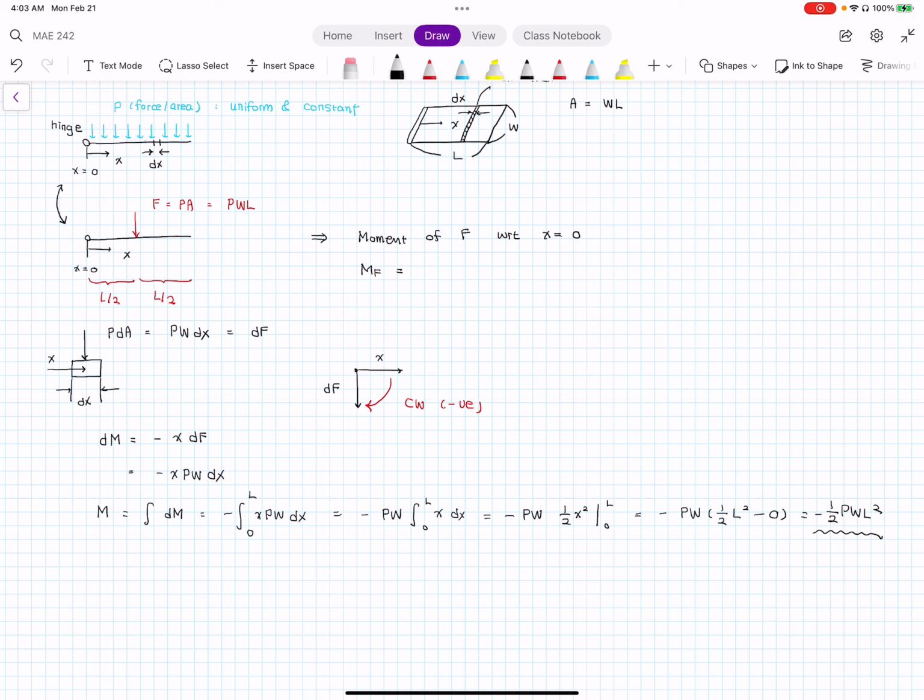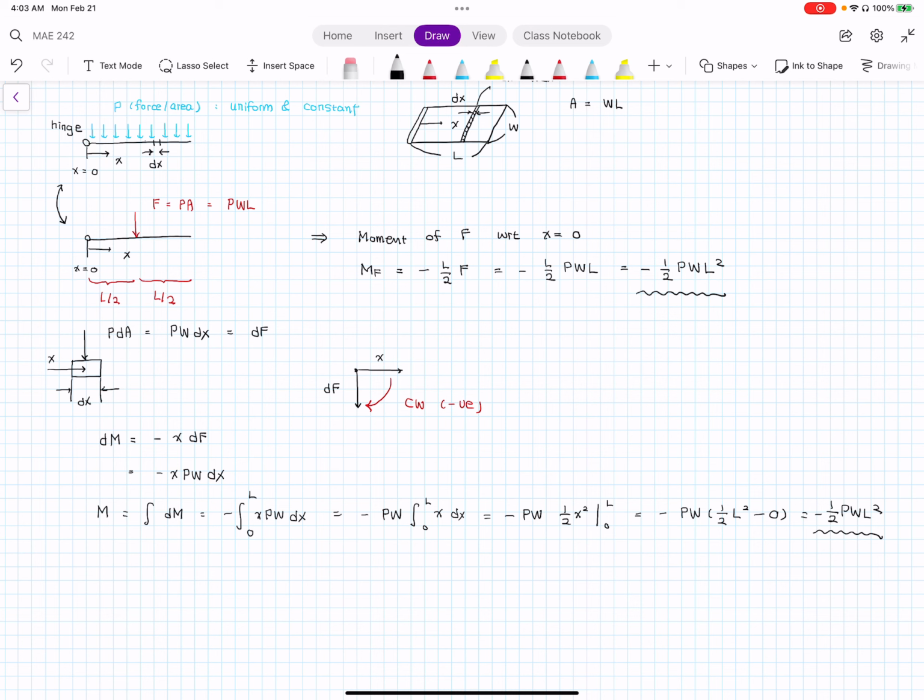And as you can see, it also creates a negative clockwise moment: minus L over 2 times F. The net force is P times W times L. Then I rearrange these terms: minus 1/2 PW L squared. So this is the moment generated by the net force F applied at the center of the plate, which is equal and identical to the moment generated by the uniform distributed loading.